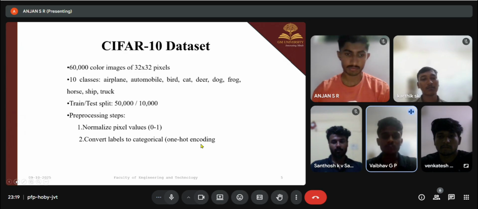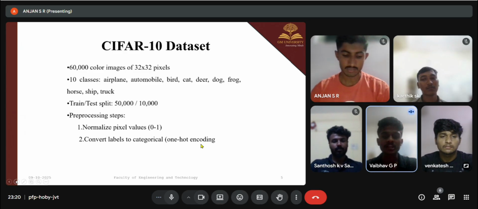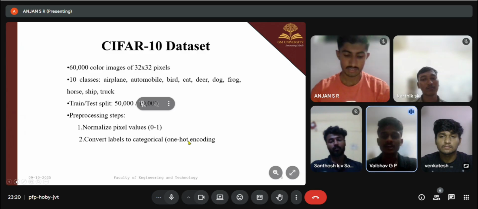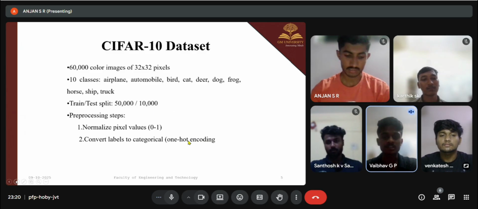Out of the total dataset, 50,000 images are used for training and 10,000 for testing, which helps in evaluating model generalization.